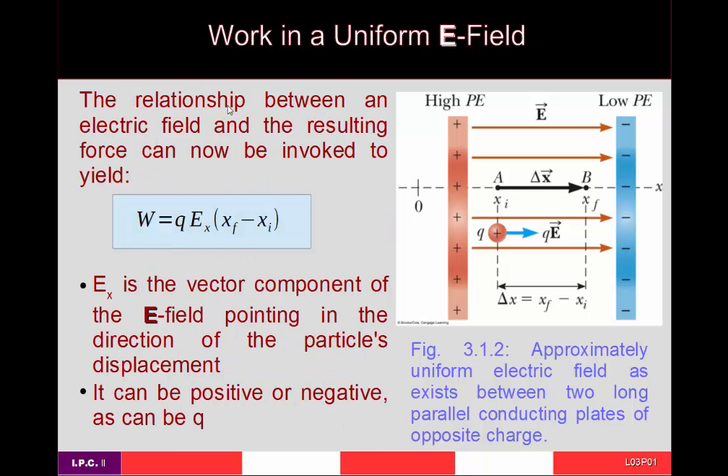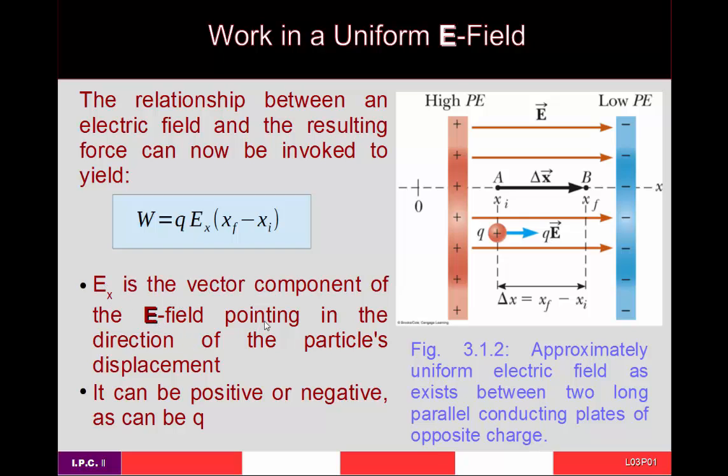Okay, therefore, the relationship between the electric field here and the work done is given by the equation: work equals charge times the x component of the electric field times the change in x position. So Q E sub x is the force in the x direction, times the change in x.